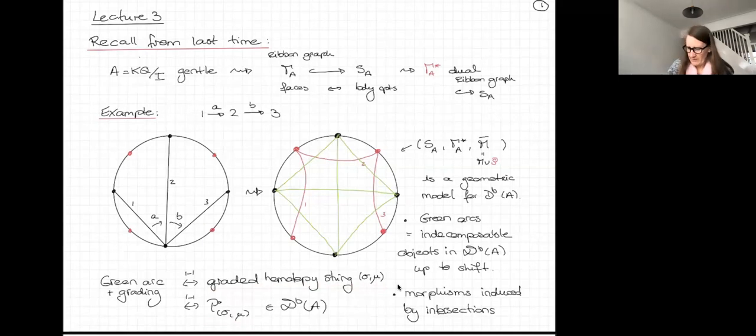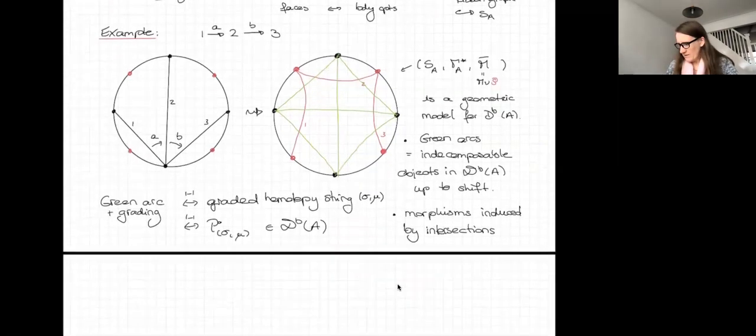And this complex corresponds to a green arc with a grading. And if you remember, the grading was given by, for example, counting how many black mark points are on the left and on the right when I go along a green arc from right polygon to right polygon. Okay, so that's the model for the bounded derived category of a gentle algebra.